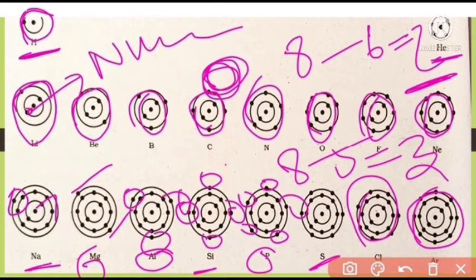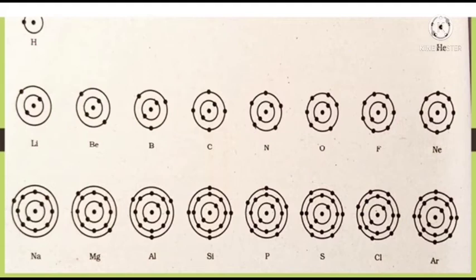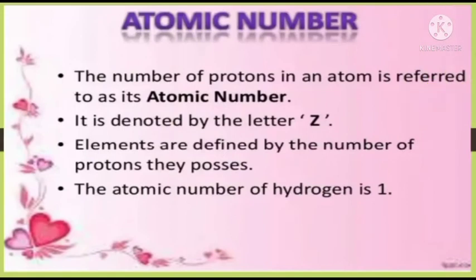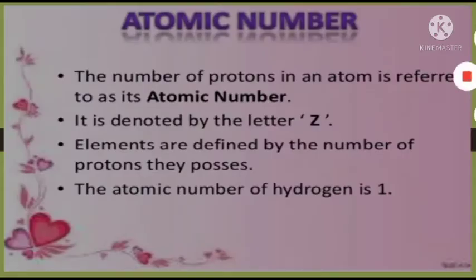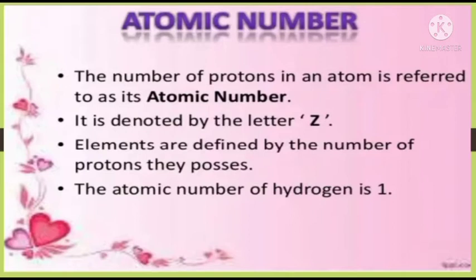So this is the valence shell diagram of the first 18 elements. Next we are discussing atomic number. The atomic number was described by Moseley. Moseley predicted the periodic law using the atomic number, and this law is called the modern periodic law.